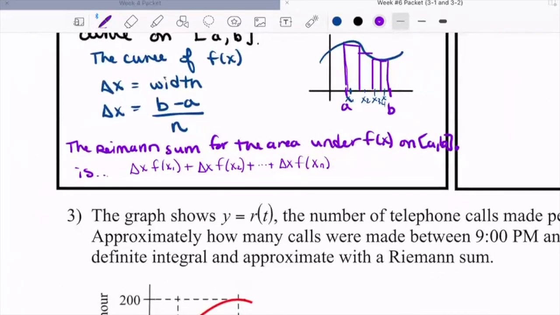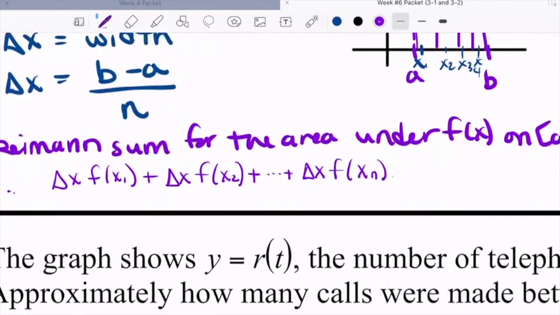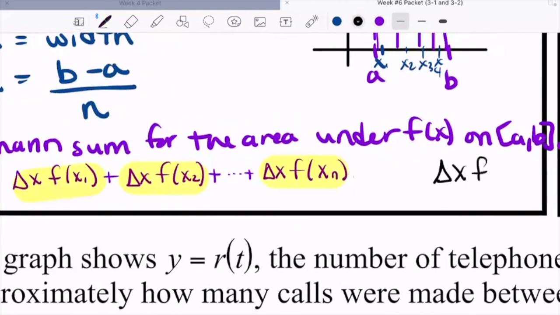Now, there's a bit of notation that we often use to represent a sum where the terms are very predictable. So we see that we can predict the terms in this sum. Why? Well, what do they look like? They look like a change of x times f of x sub something. So I'll just put in a little i here.